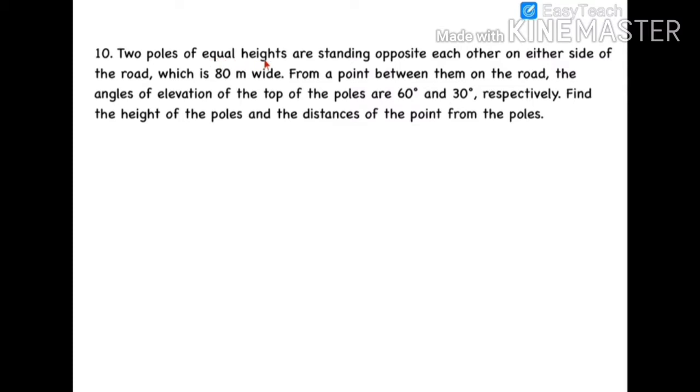Two poles of equal heights are standing opposite each other on either side of the road, which is 80 meters wide. Let's represent this in terms of a figure. Let's draw a horizontal line that represents ground.